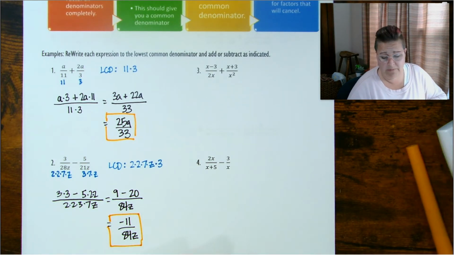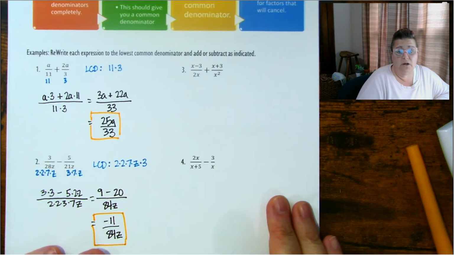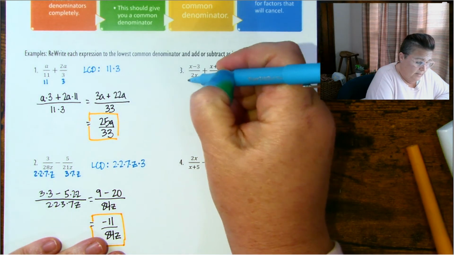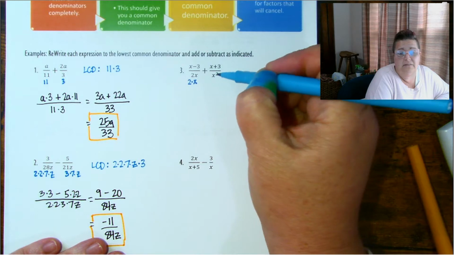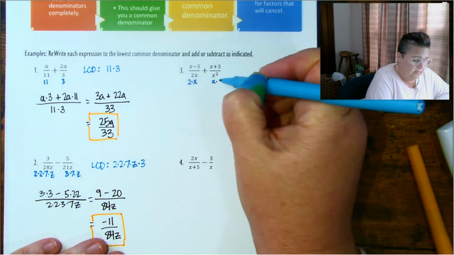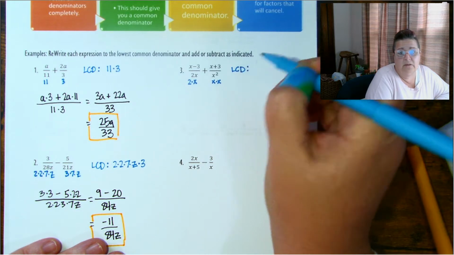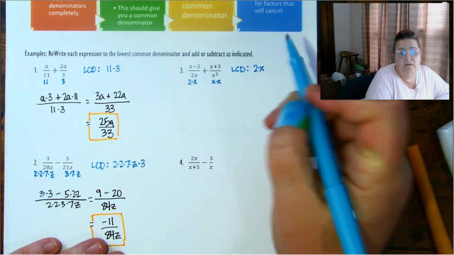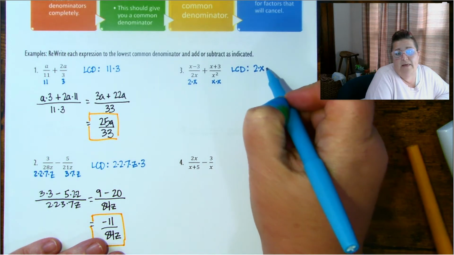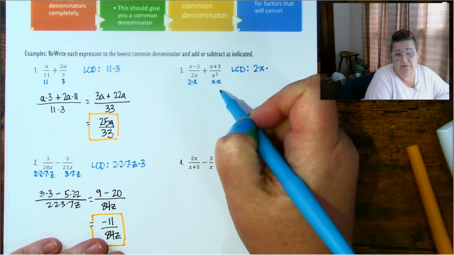When we're looking at problem number 3, we actually have denominators with variables in them. So for 2x, recognize this as the factors 2 times x, and x squared as the factors x times x. Then the lowest common denominator would be everything in the first, 2 times x, and I need to multiply that by any additional factors in the second denominator.